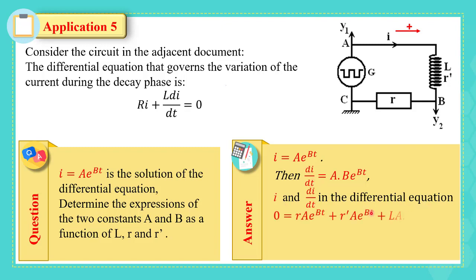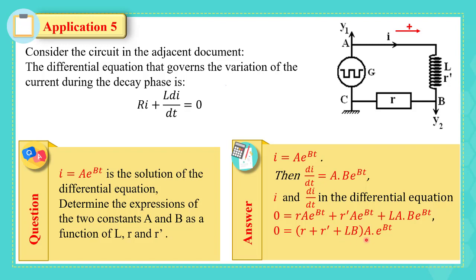We will have 0 equal R times A e to the power bt plus R' A e to the power bt plus L A times B times e to the power bt. We will have 0 equal (R plus R' plus LB) times A e to the power bt.